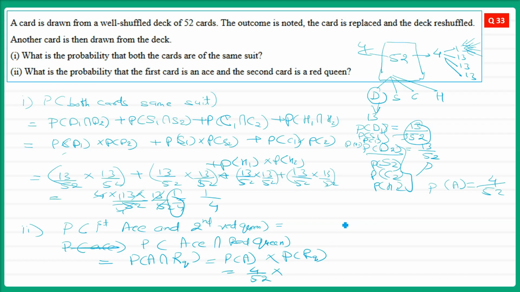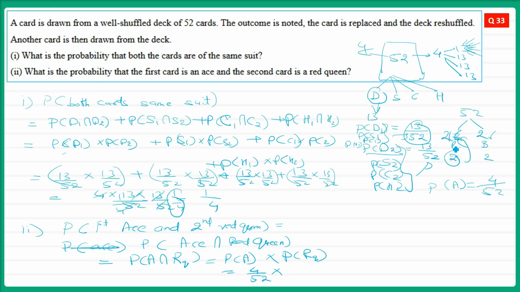Now the probability of getting a red queen. First of all, how many red cards are there? There are 26 black cards and 26 cards of the other color, which are the red cards. So black and red, there are 26 of each, no problem. Now you want a queen from the red cards. In these red cards, there will be 2 different suits, so 2 queens will be there.